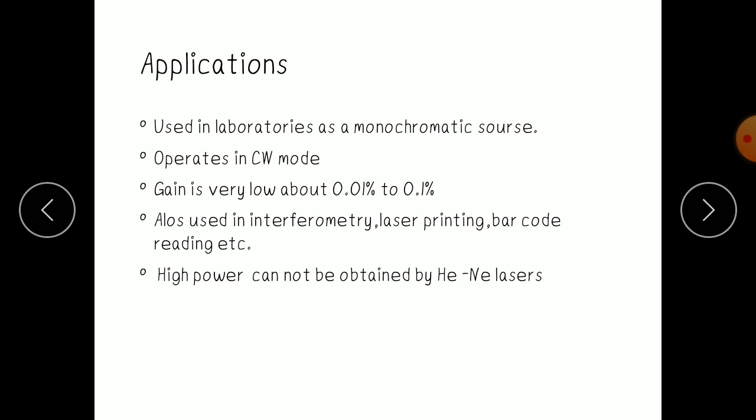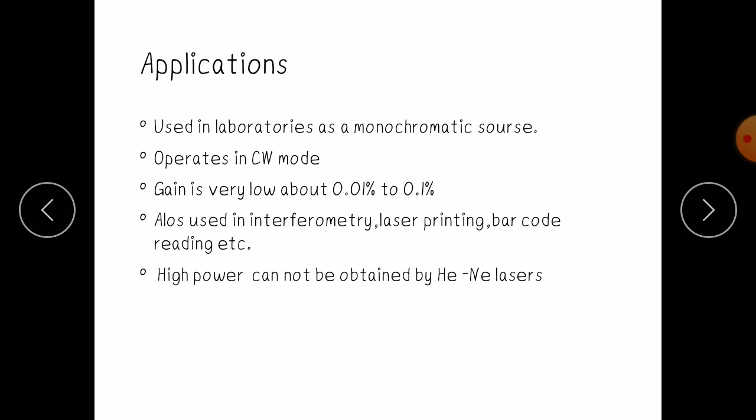The light emitted by the laser source is highly monochromatic, directional and coherent, and the laser source we use for our practical purposes is the helium neon laser. This helium neon laser operates in the CW mode. CW mode means continuous wave mode.